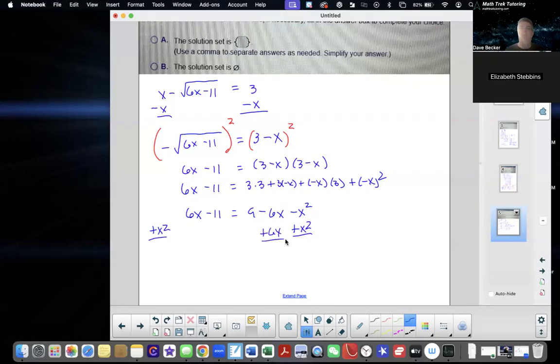And then I would add the 6x to the other side and then add the 11 to the other side. No, no, no. We're moving everything over to the left side. Oh, okay. So subtract the 9 from the other side. Yes.